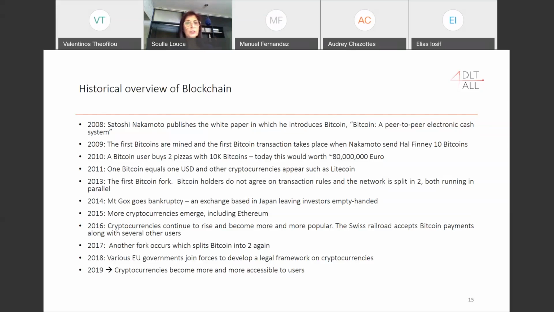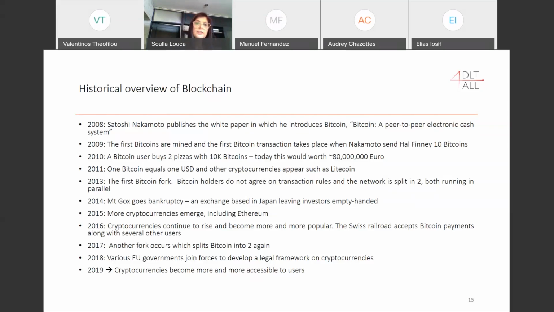Actually, I should have mentioned it earlier, that back in 2013, the University of Nicosia also started accepting Bitcoins, and it was at the time the first university in the world to accept Bitcoins for tuition fees for the students.